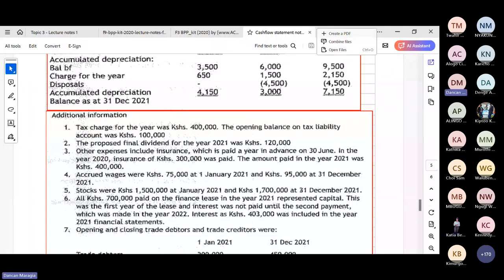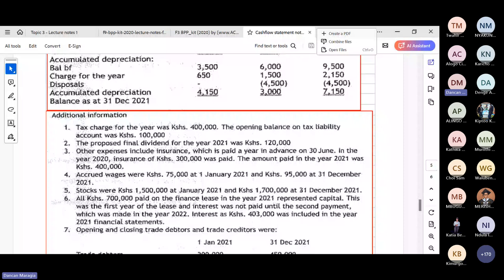We have two statements other than the cash flow we are looking at today and the statement of changes in equity: the statement of profit or loss and the statement of financial position. What does the statement of profit or loss summarize? It summarizes income and expenses. Then the statement of financial position summarizes assets, liabilities, and capital or equity.